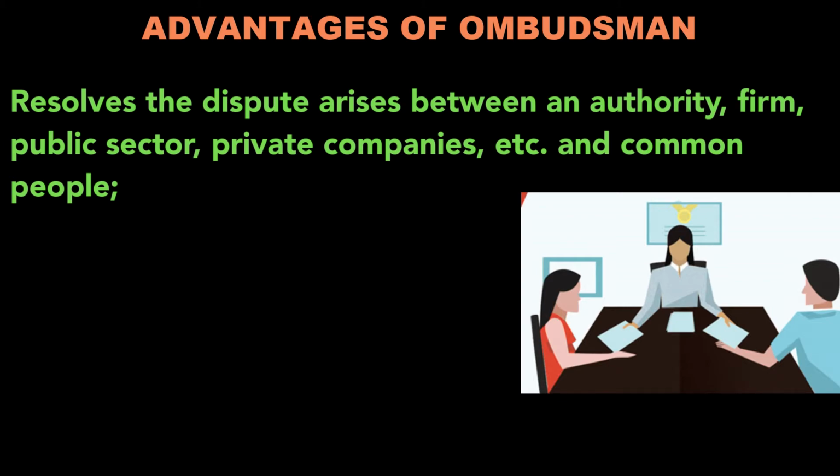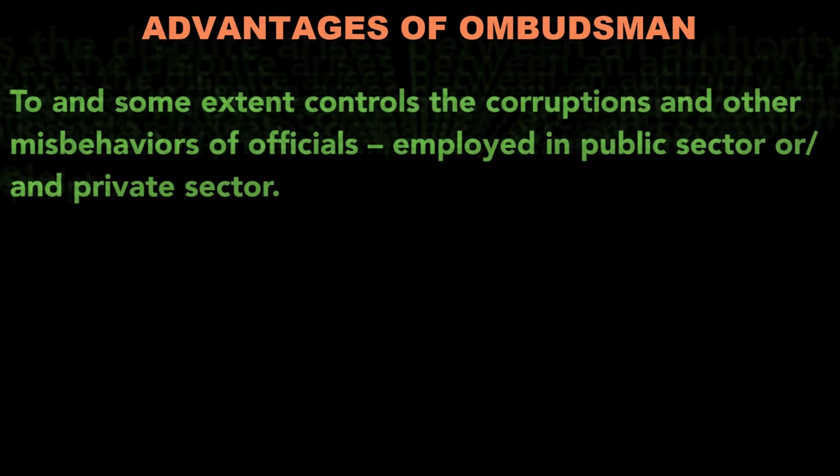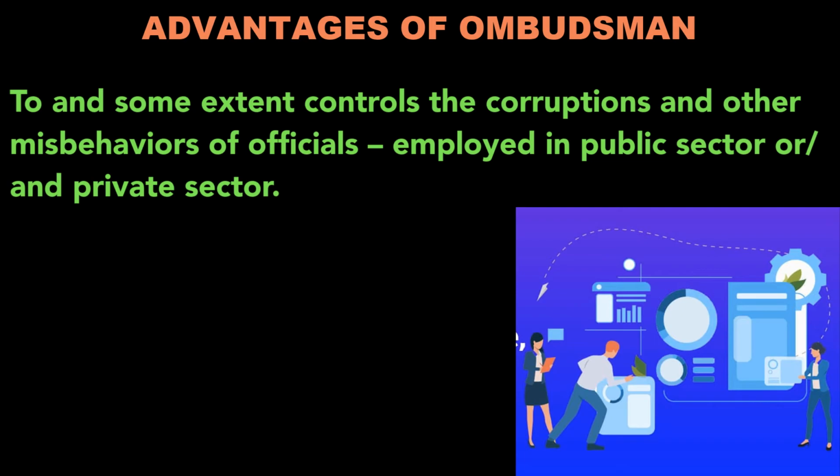For example, if you have a dispute with any public department and your work is not being done, you can complain to the ombudsman. The third advantage is that to some extent it controls the corruption and other misbehavior of officials employed in the public or private sector. So this is another duty, to curb corruption.